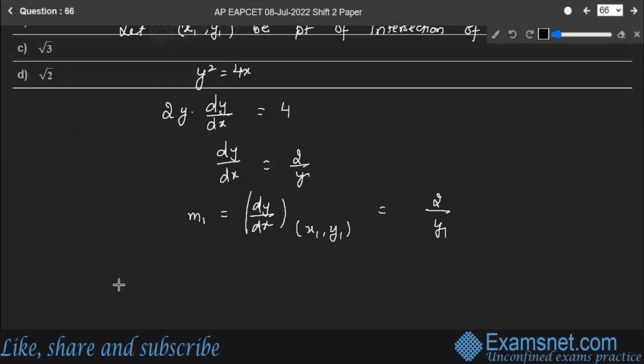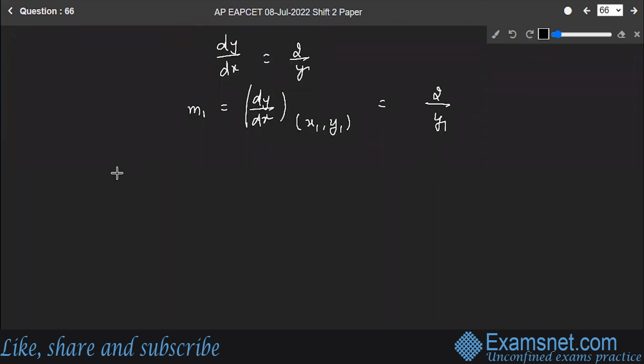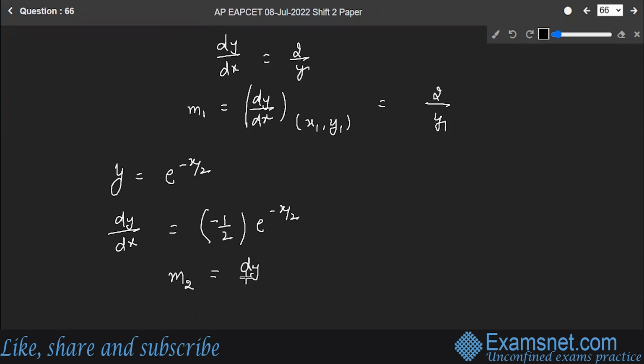Now let's take the second one, y is equal to e raised to power minus x by 2. dy by dx is minus 1 by 2 e raised to power minus x by 2. The second slope at (x1, y1) is equal to minus 1 by 2 e raised to power minus x1 by 2, which is equal to minus y1 by 2.